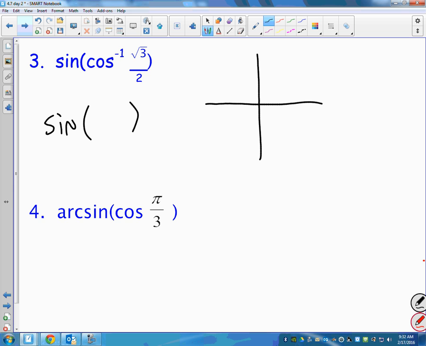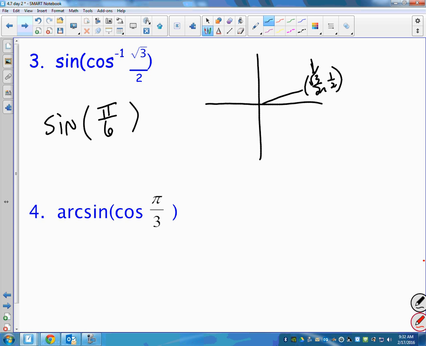What angle between 0 and pi, because that's the restricted values for cosine, has a cosine of radical 3 over 2? Radical 3 over 2, 1/2, and cosine is your x. So that means pi 6.